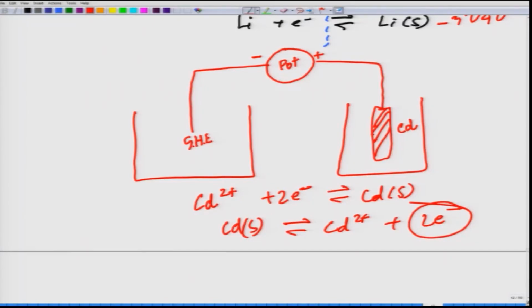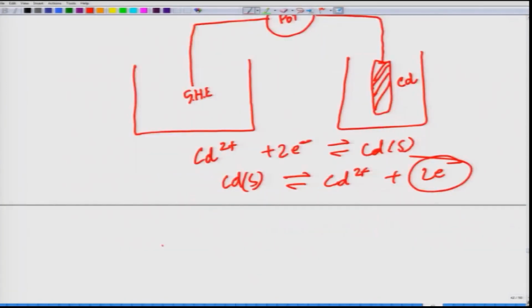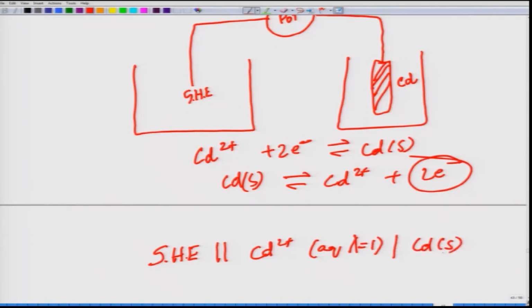Now what we are observing in this situation is, you have on one side the cell like this: standard hydrogen electrode, SHE, Cd2+ in aqueous solution with activity equal to 1, and Cd solid.